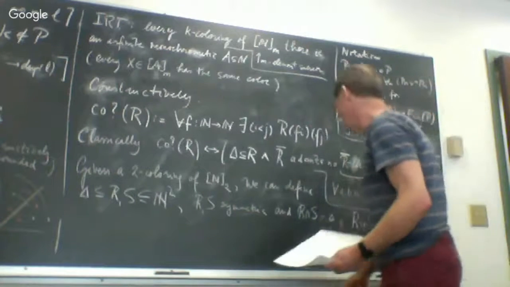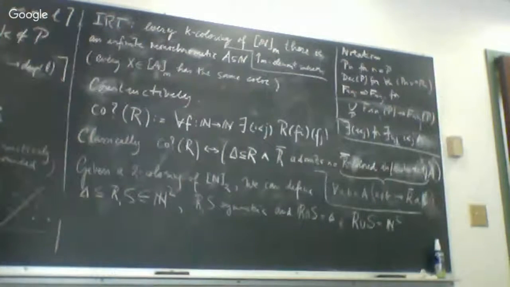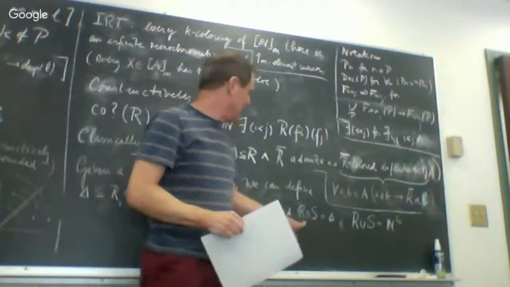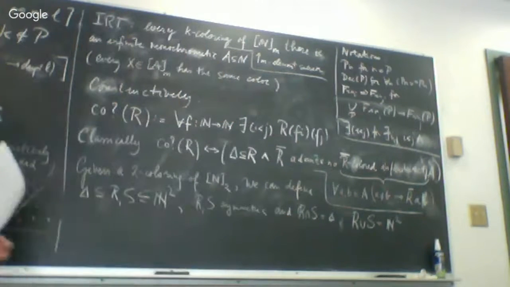And now, obviously, we do not have that the intersection is co-something.